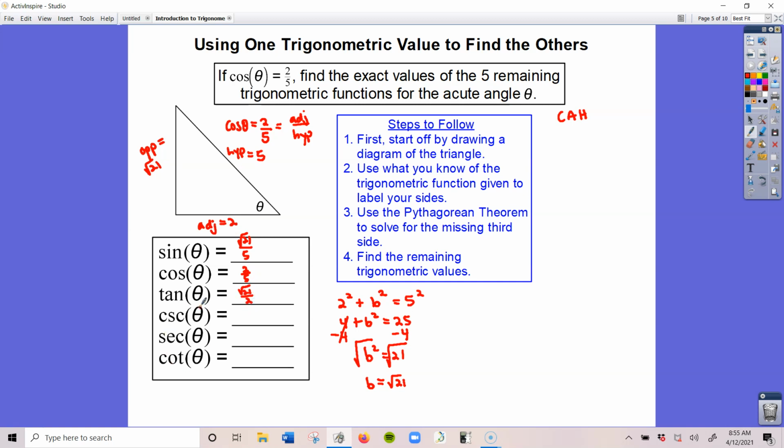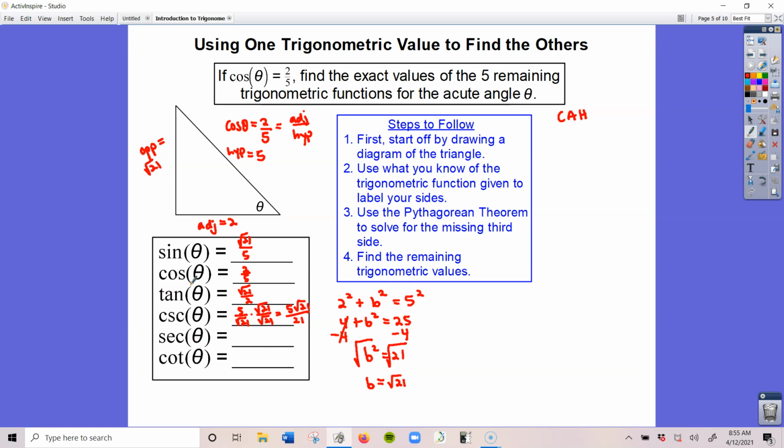Now to find the rest of these, we have to flip them. Cosecant is the reciprocal of sine, so I flip 5 over square root of 21. But again, I have this square root in the denominator, so I must rationalize, which gives me 5 square root of 21 over 21, since those square roots just cancel.